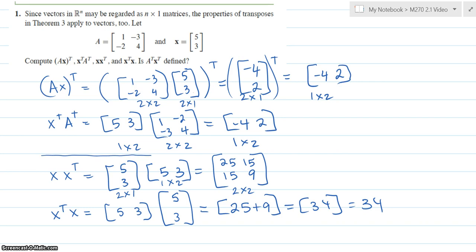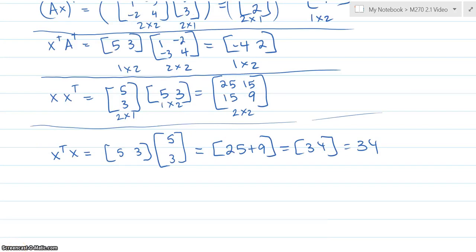That's confusing. I looked at the wrong one there. Let's draw lines there so we understand where those separate. And you can see that that works. Versus the other way around, X transpose times X is actually just 34. This is a 1 by 2 times a 2 by 1, so the answer is a 1 by 1. And to get that, you just take 25 plus 9, which is 34. You do not need to write that in a matrix, so if it's a 1 by 1, it's just 34.